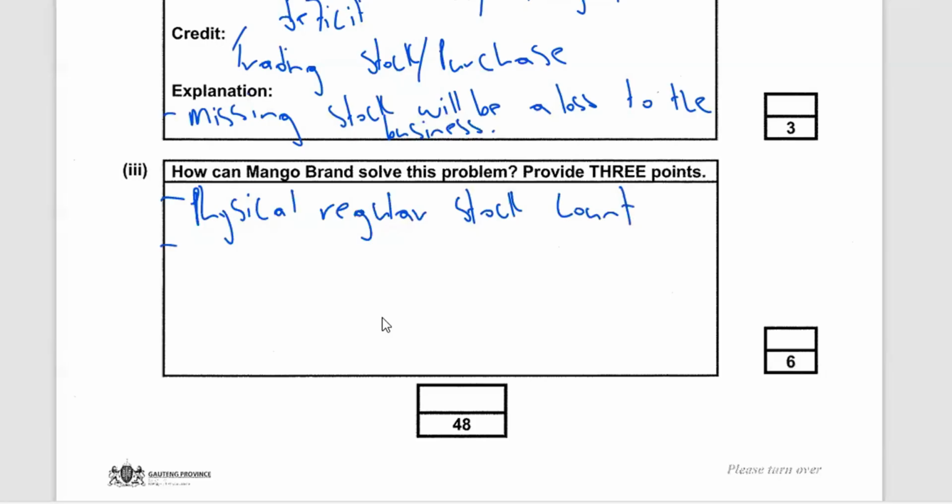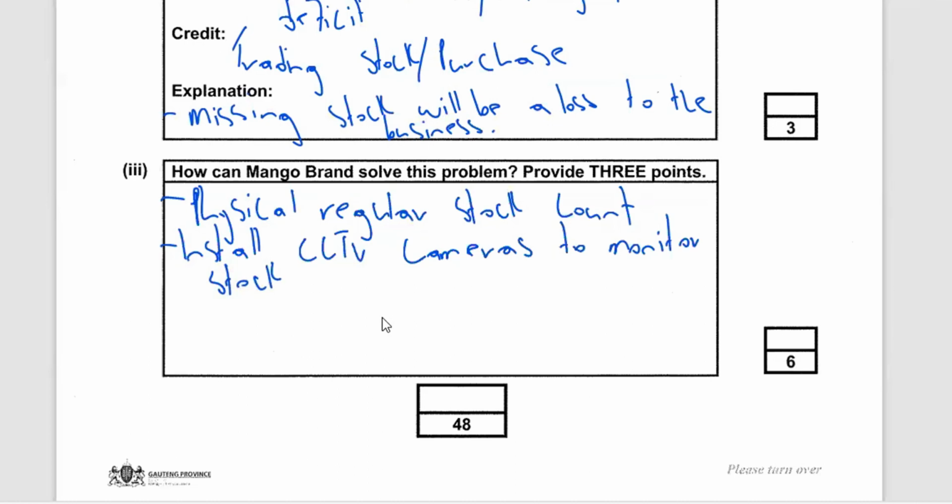Then here we can also say install CCTV cameras. We can also say order smaller quantities of stock, because if it's smaller, we'll be able to see if something is missing.